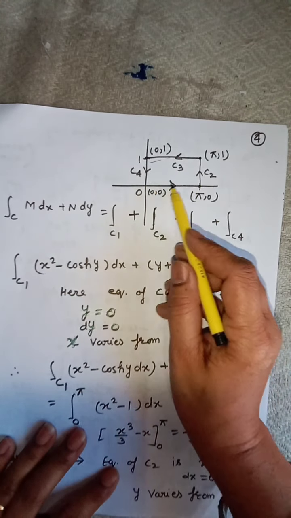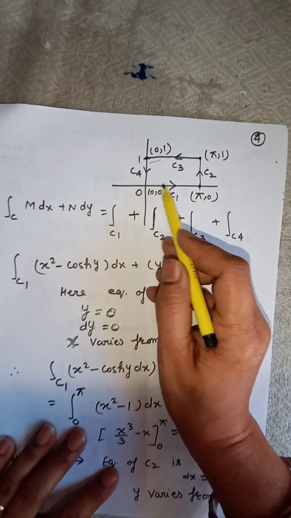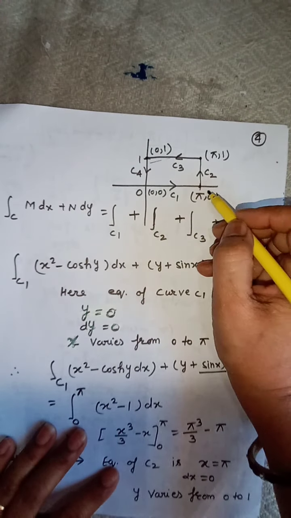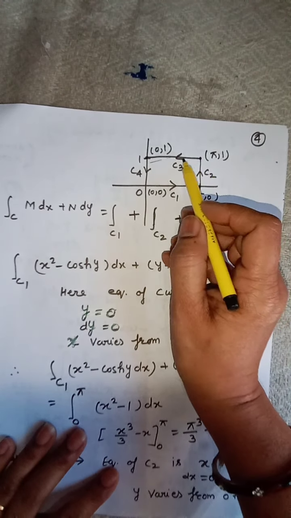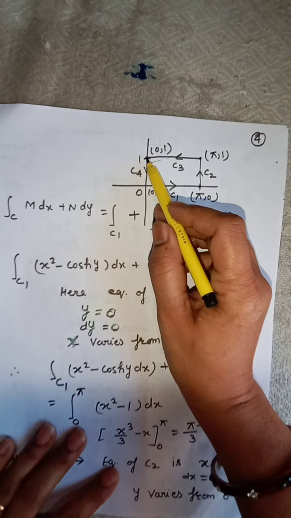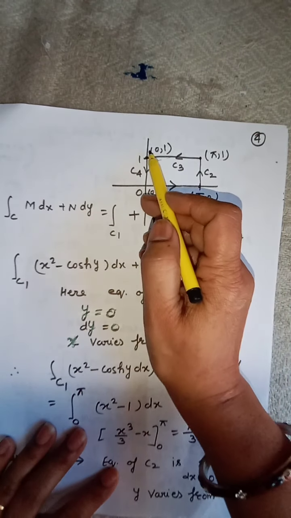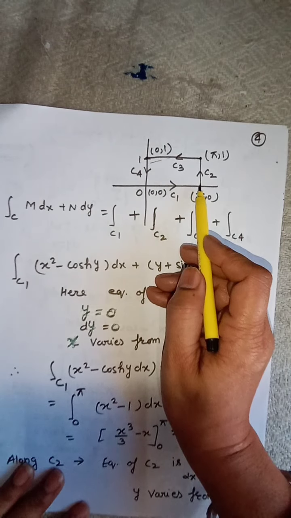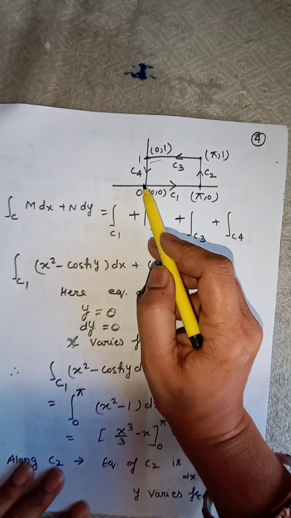We have divided this rectangle into the curve C1, then this curve is C2, then this is curve C3, and this is curve C4. So we divided the closed curve C into 4 parts: C1, C2, C3 and C4.